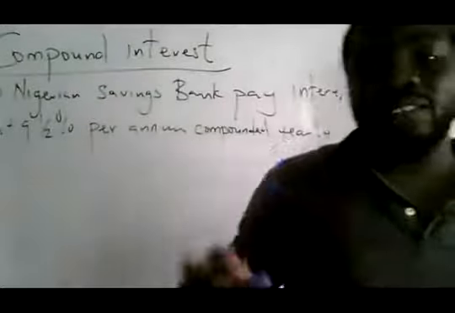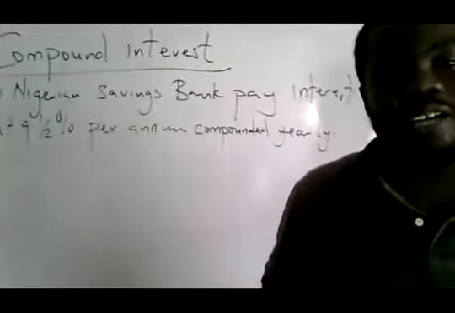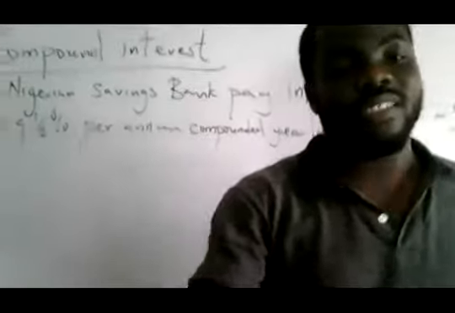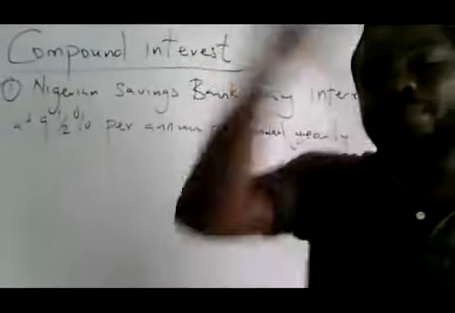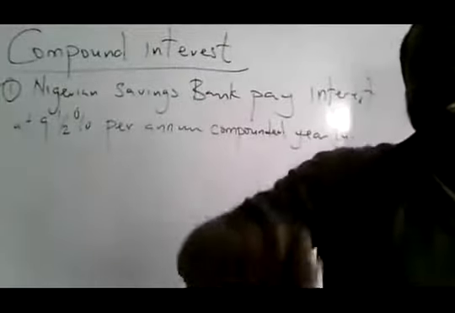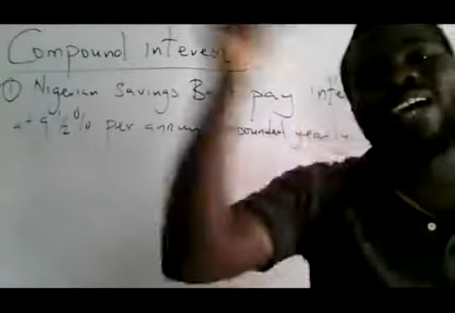In case you don't know, it's very simple. Your interest for the first year, or for the particular year in question, is obtained, and then that interest is added to the original principal you have, and the following year it is used. So it's like you are reinvesting your money after every year.